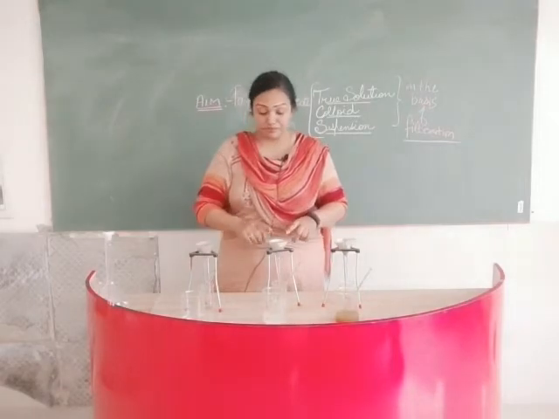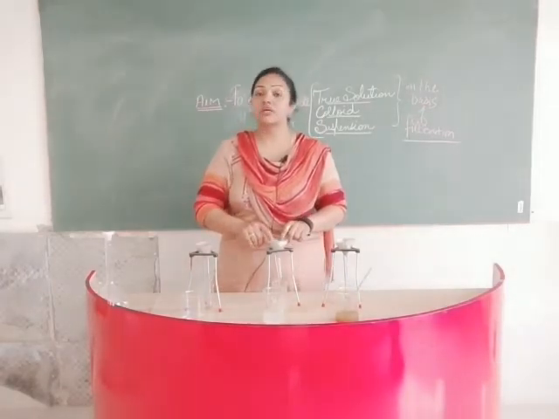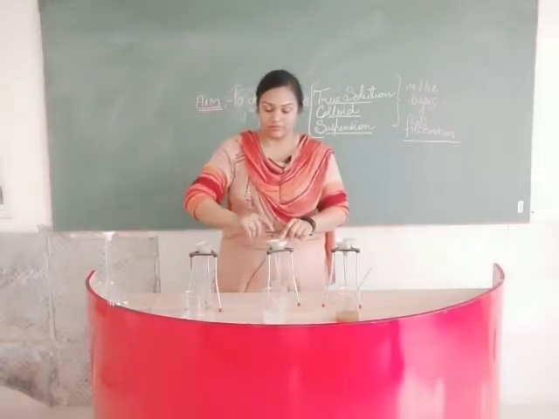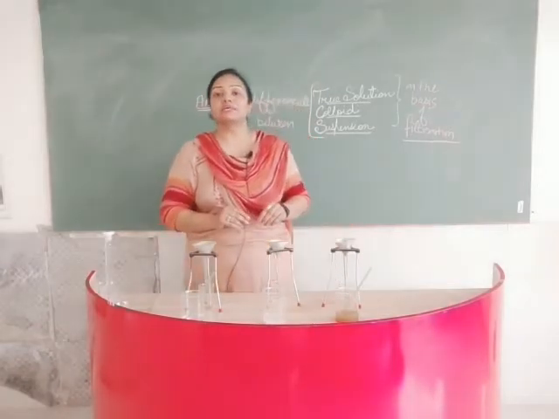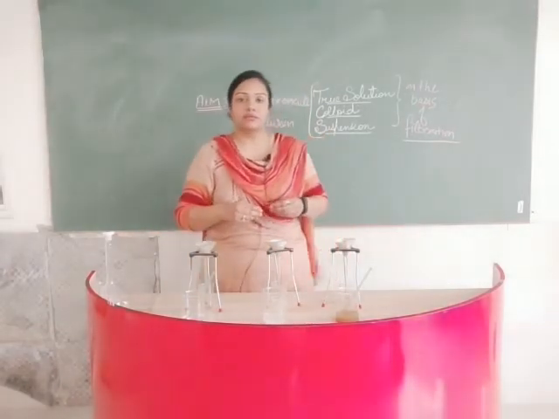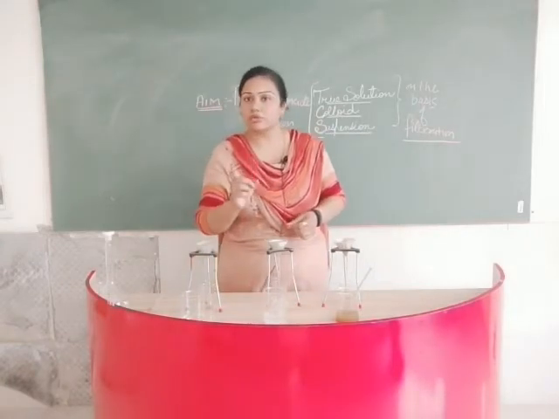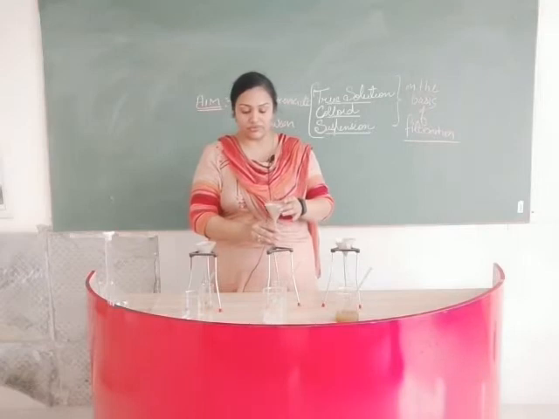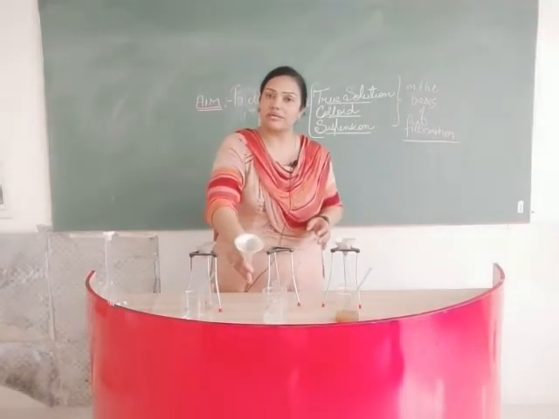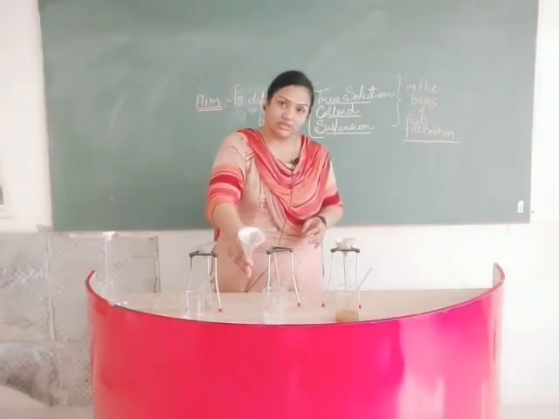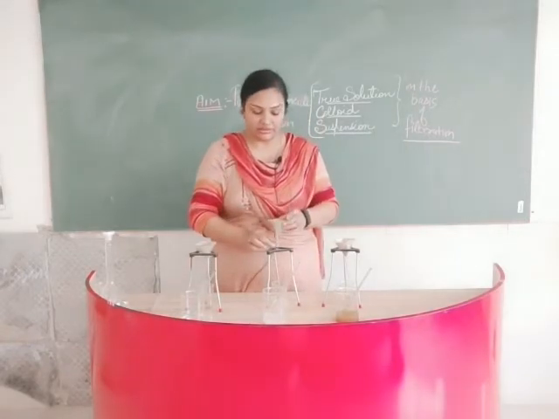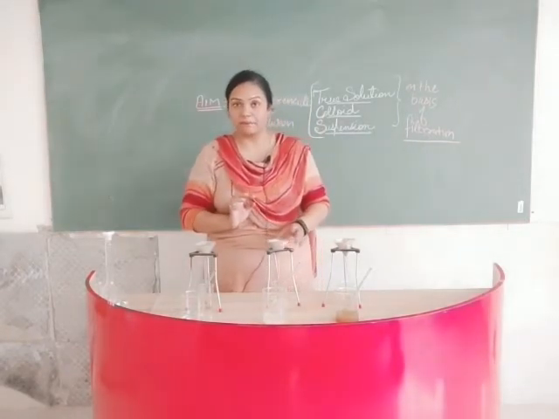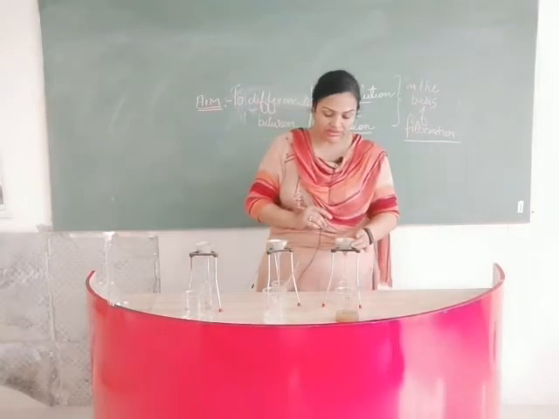But if you are going to use some membrane, then the particles will not pass through them. Okay, so if you see this, you can see no residue is left on the filter paper.